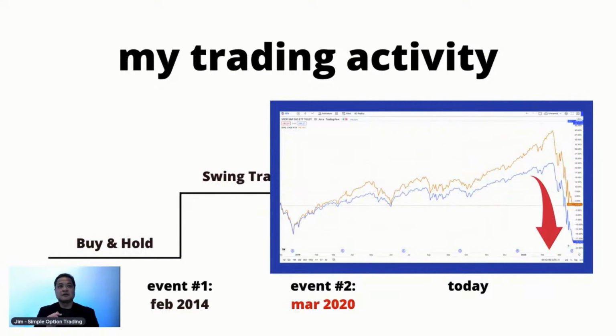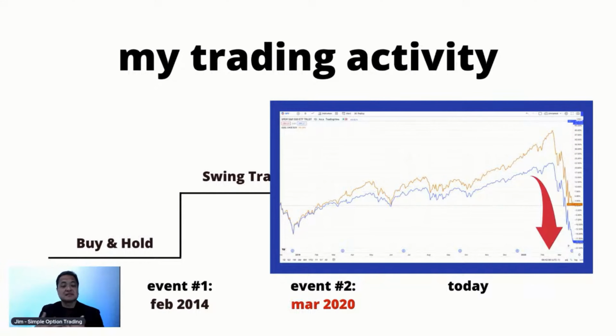Now, as I mentioned, with swing trading I'm buying and selling stocks. But remember that after March of 2020, after this precipitous fall of the stock market, what happened? We had almost a perfect V-shaped recovery. The stocks dropped, and then, not quite as quickly, but over the following months, the stock market started climbing back up.